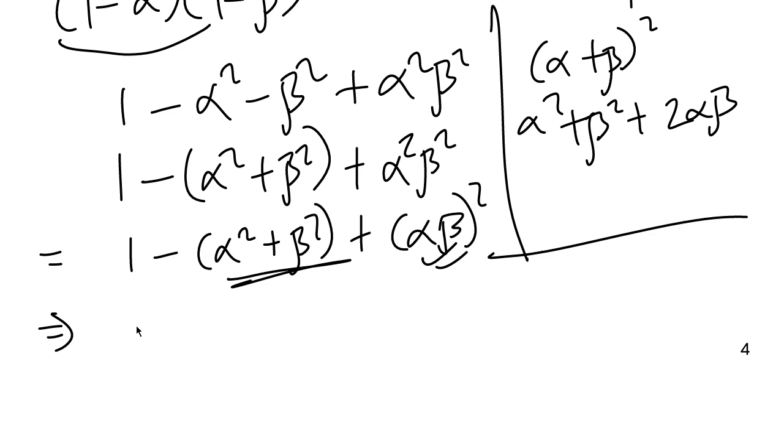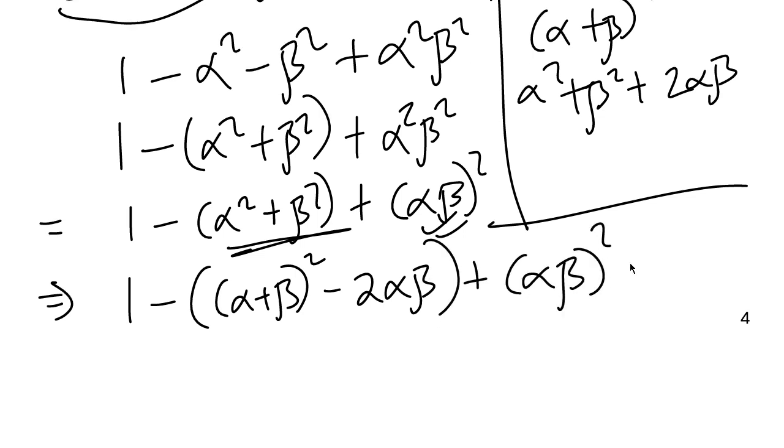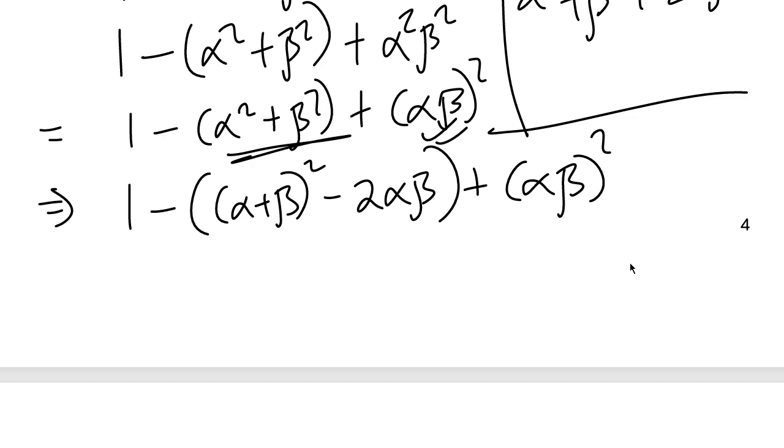And from that, it was deduced that alpha squared plus beta squared is what? That will be (alpha plus beta) all squared minus 2 alpha beta. So the expression becomes 1 minus [(alpha plus beta) all squared minus 2 alpha beta] plus (alpha beta) all squared.